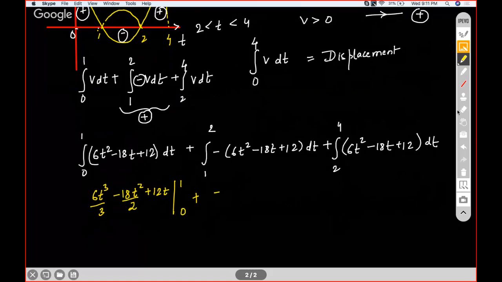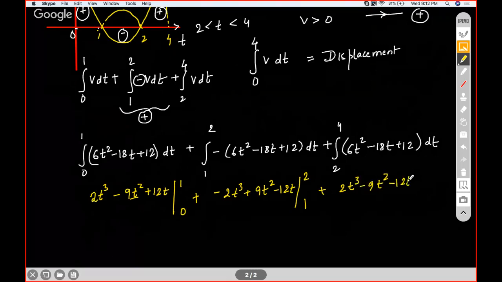Adjust this here itself. This is going to be 2. This is going to be 9. When you put a 1, what do you get here?